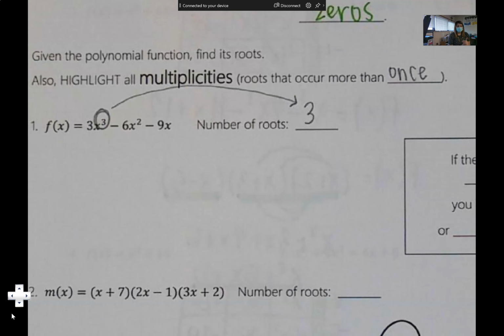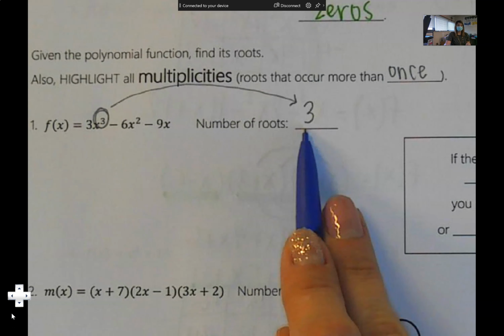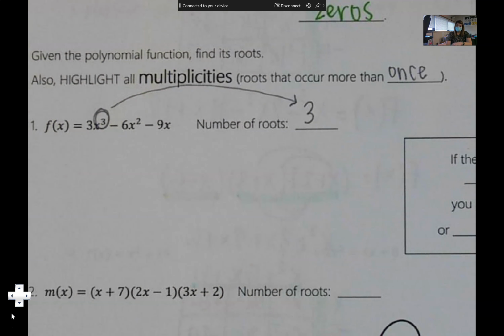It is important that you know that before you start the problem. So this one is going to have 3 roots. Now, based off of what we did last time, we would have to factor out this polynomial and then solve it. We're not going to do that. We're going to skip that for now. So we know that this is going to have 3 roots.